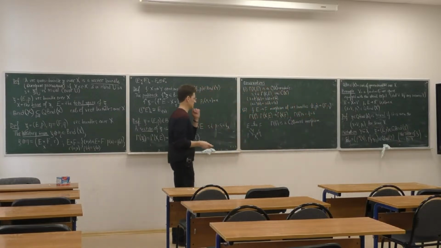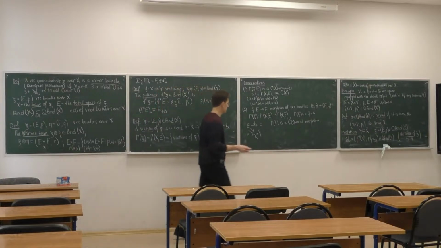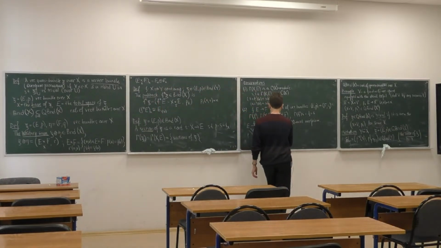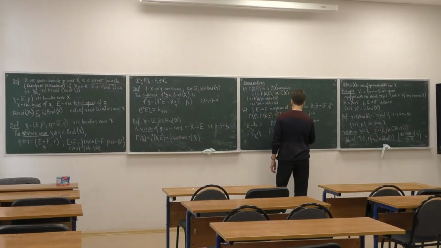So we see that Γ is actually a functor from the category of vector bundles over X to the category of C(X)-modules.